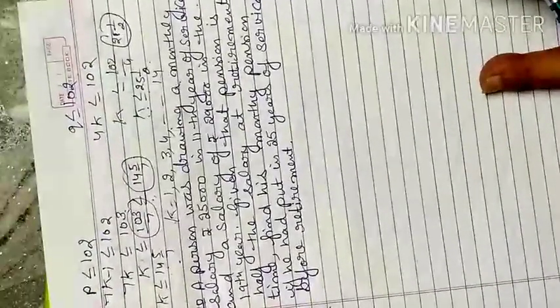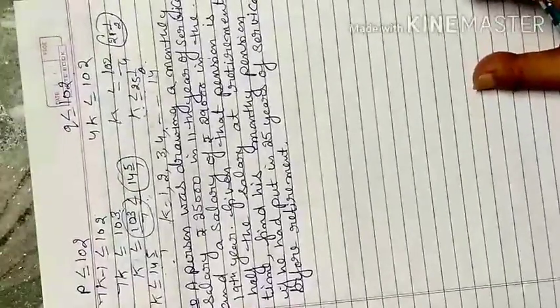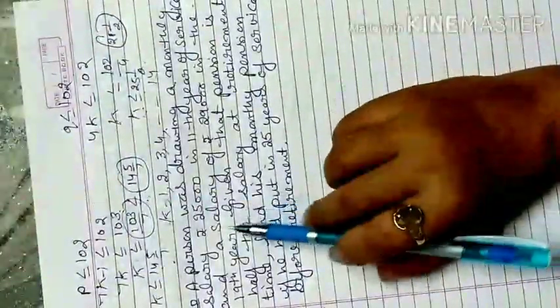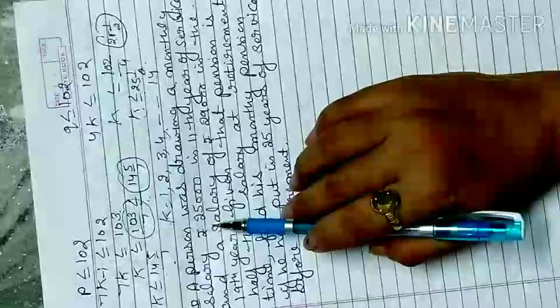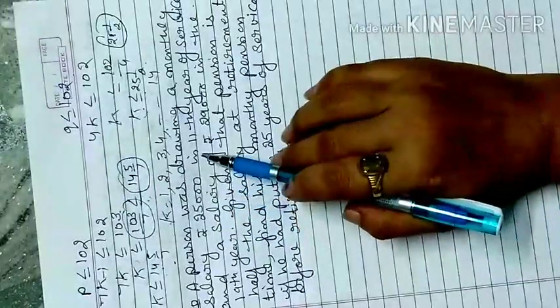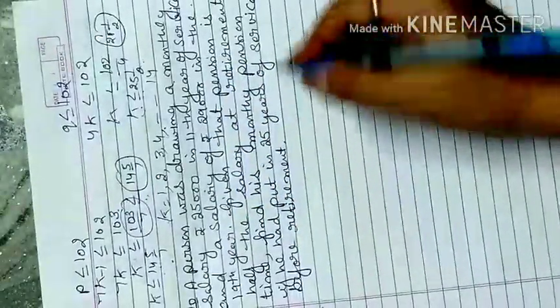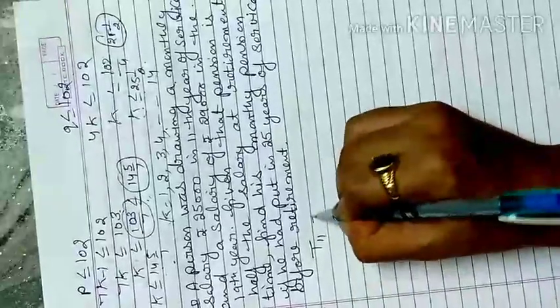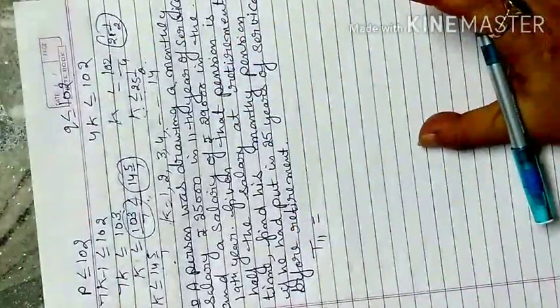Next question is a word problem. In this statement it is said that a person was drawing a monthly salary of rupees 25,000 in the 11th year of service. Let me tell you the short form of this.